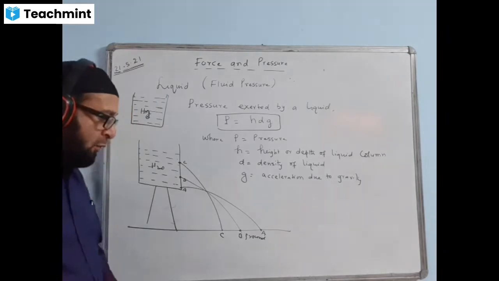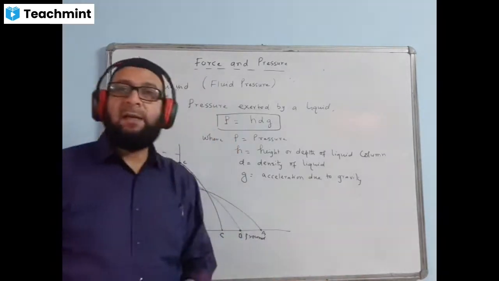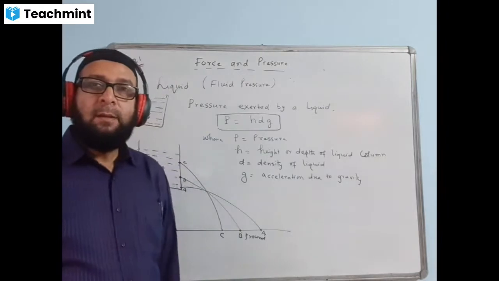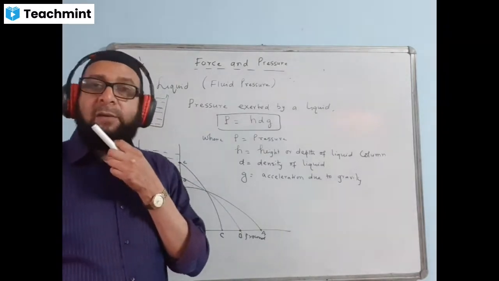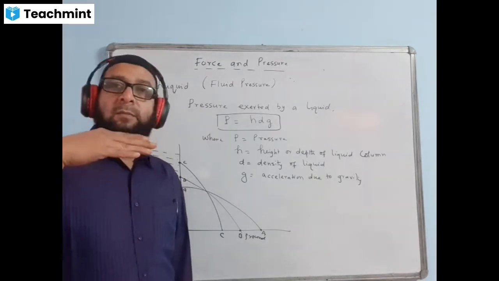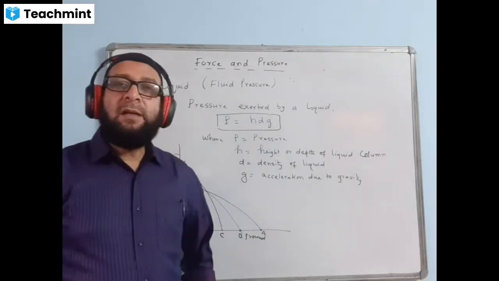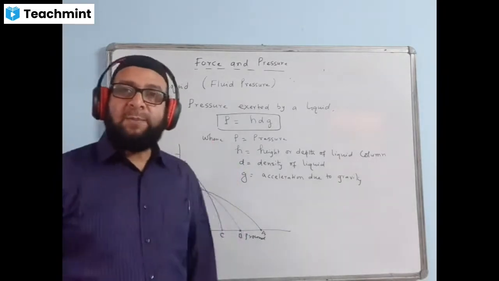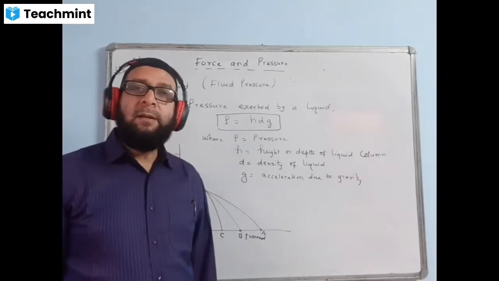So there is a reason type question based on this fact. A deep sea diver, the one who dives deep in the sea, wears a special kind of suit, a special kind of jacket. What is the reason behind it?